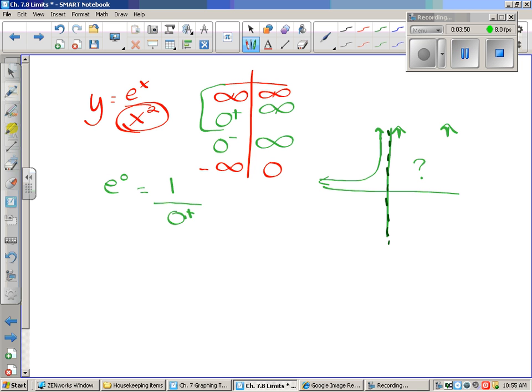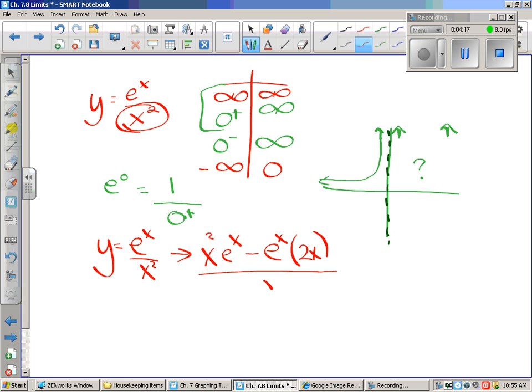So we should be able to do the derivative of this. When I'm doing the derivative of y equals e to the x over x squared, there are a couple options. One would be the quotient rule: low d high minus high d low, that is, low times the derivative of high, minus high times the derivative of low, all over low squared.